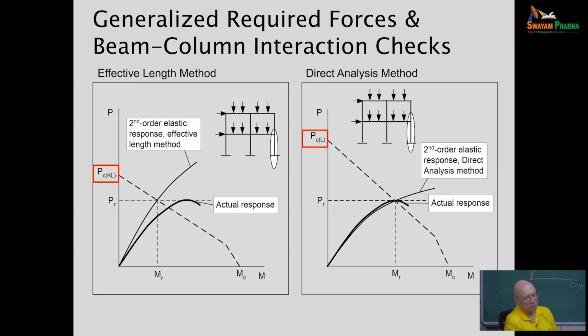In the approach we took for this particular frame, I showed you yesterday that we were justified to take phi Pn equals phi Py, the 0.9 times the yield capacity for the axial term.